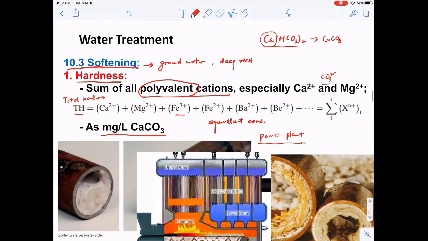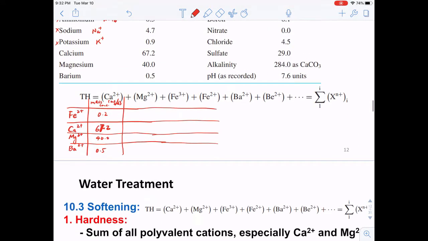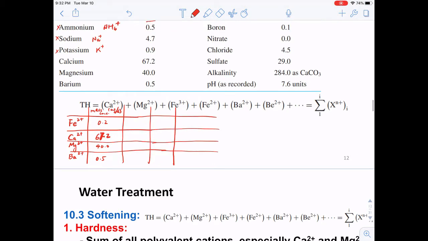To finally calculate the equivalent mass concentration of calcium carbonate, we need to first calculate the normality, right? But to calculate the normality, we need to first know the equivalent weight, because we need to divide the mass concentration by the equivalent weight of these specific elements.